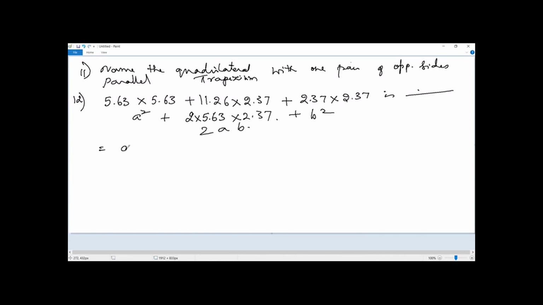A plus B whole squared. A is 5.63. B is 2.37. Add and square. How much? 8 square, ma'am. 8 square is 64. 64 is the answer.